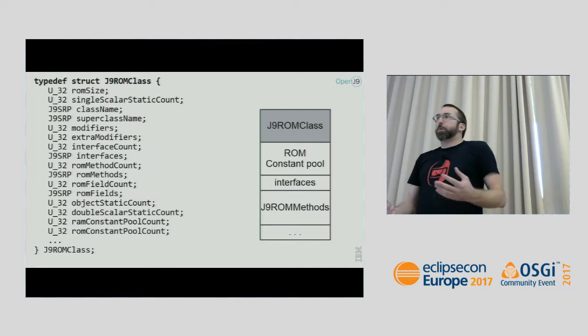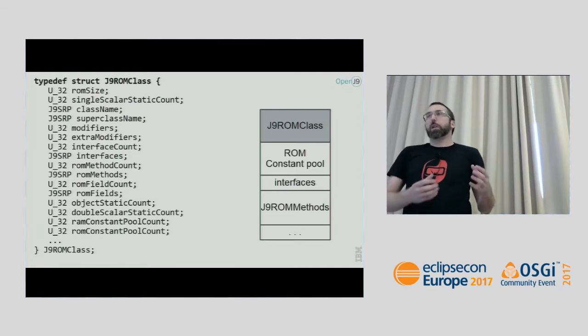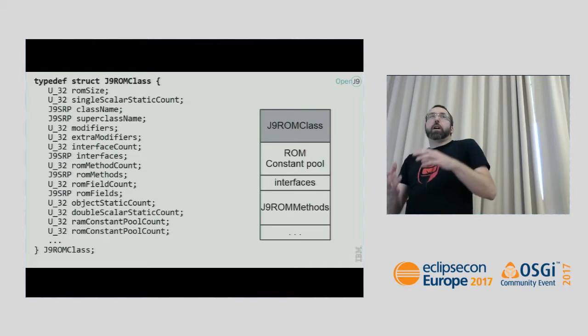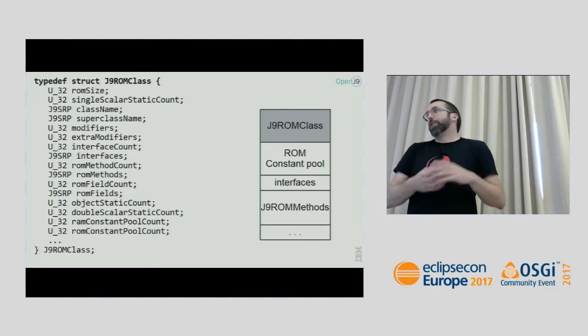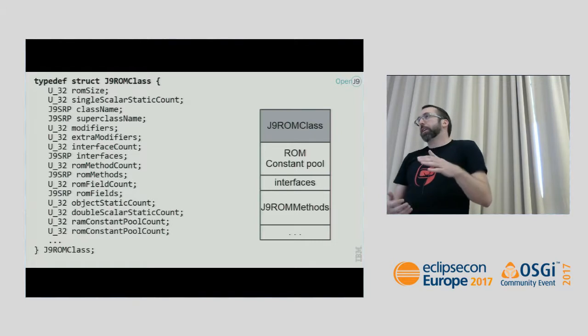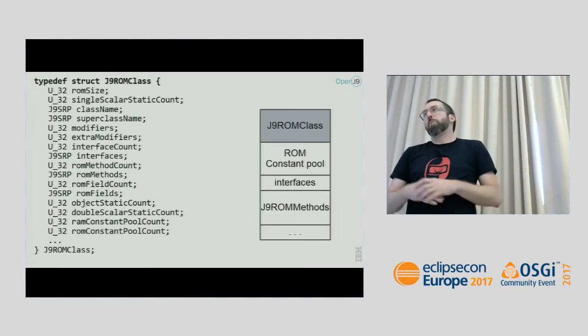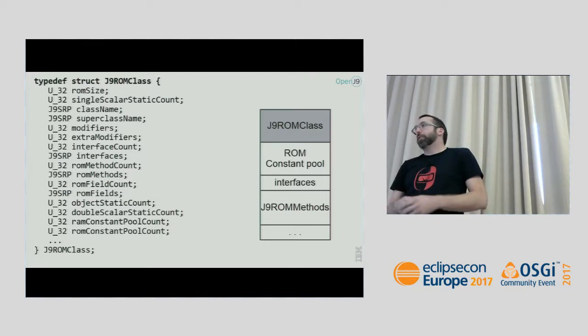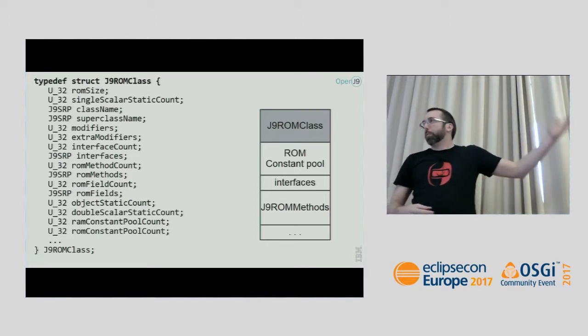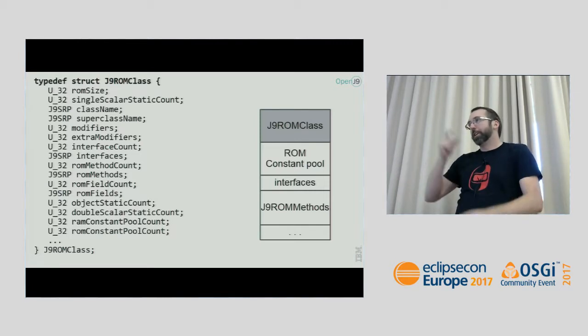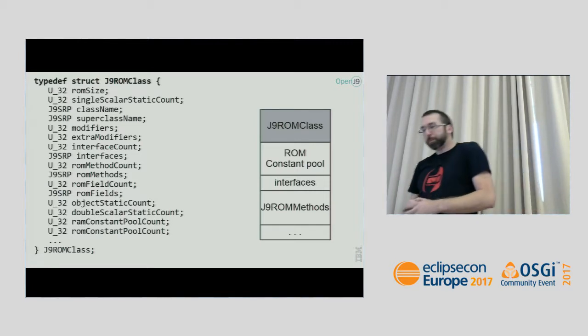We said this is position independent, so everything that the ROM class talks about can only reference other data that's relative to the current location in that structure. So if you wanted to fetch the superclass name, that would just be an offset of, say, 50 from the location of that field. So you always take field plus offset, and that's your location.